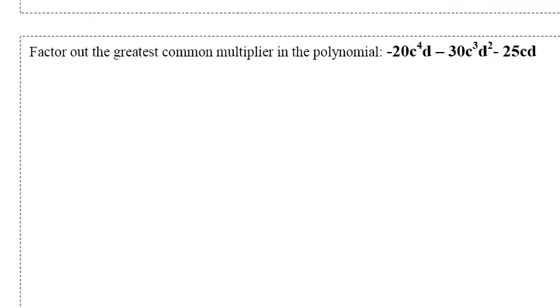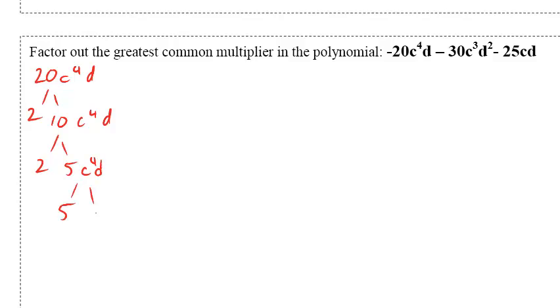The next one we'll do the same way. 20c to the fourth d is 2 times 10c to the fourth d. That's 2 times 5c to the fourth d.